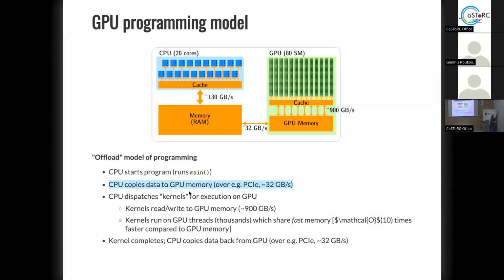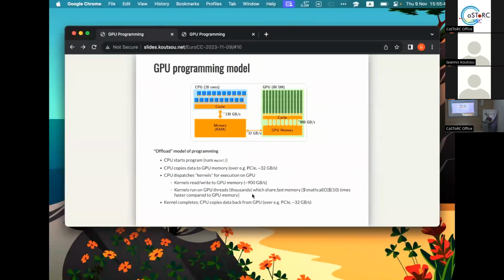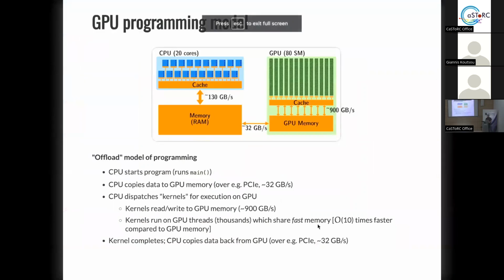Then you run your kernels. I have some problem rendering that math. So you run your GPU kernels, and presumably they do some operation, they read the data, they write some data back.